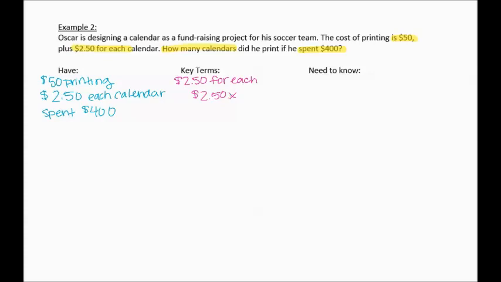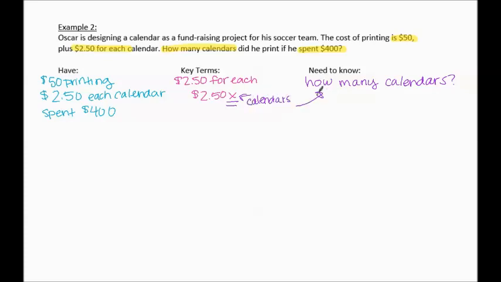Finally, what I need to know, I'm asking how many calendars he purchased. Well, when I was writing my key term, it was $250 for each calendar. So X represents calendars.